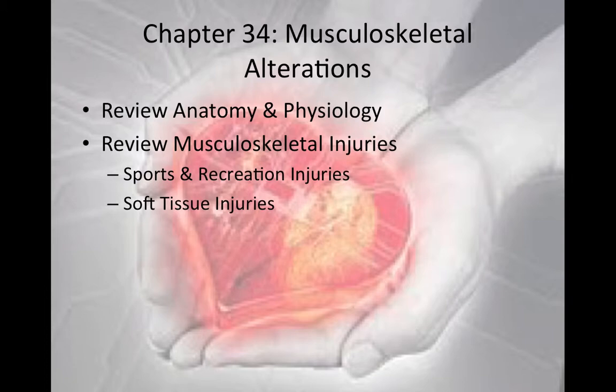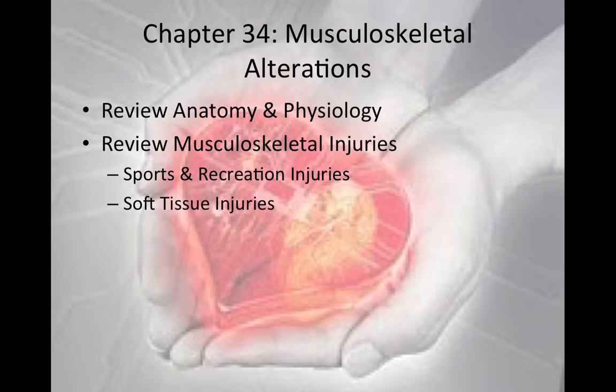Here we will look at chapter 34, which goes over musculoskeletal alterations. This will be the last chapter within this lecture. Please go ahead and review your anatomy and physiology, and also review musculoskeletal injuries. These include your sports and recreation injuries as well as your soft tissue injuries.